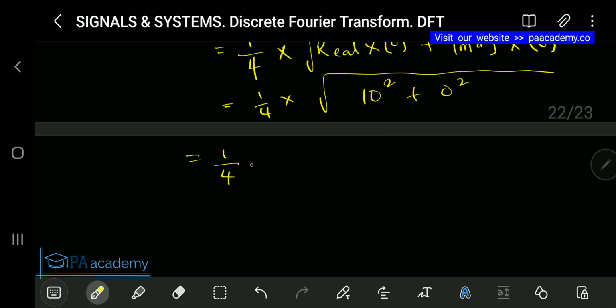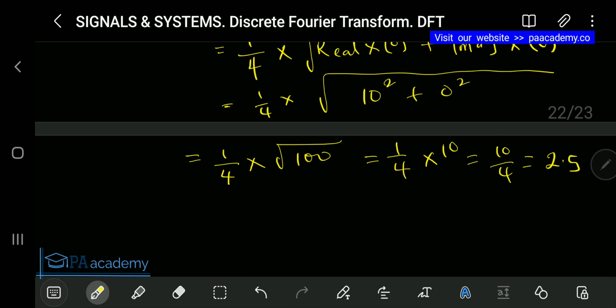So that will be 1 over 4 times the square root of 10 times 10, that is 100. The square root of 100 is 10. So that will be 10 over 4, and this would give us 2.5. Are we good?